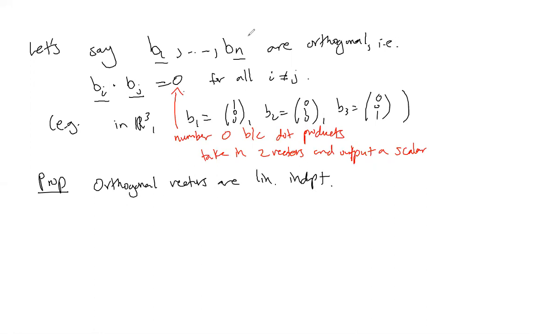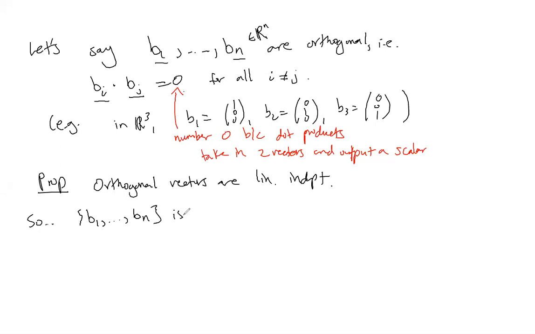So in fact, if you have n vectors in Rn, going back to our example, what can we conclude about the set B1 through Bn? There are n of them, and they're all orthogonal. The proposition implies that they're linearly independent, and so in fact, they also span Rn because there are n of them.